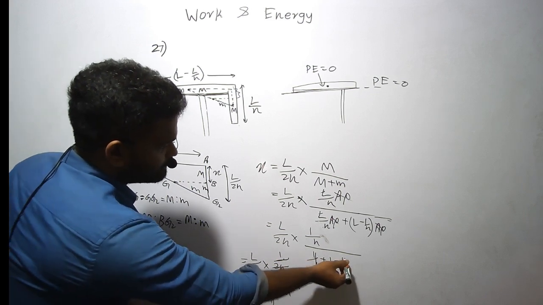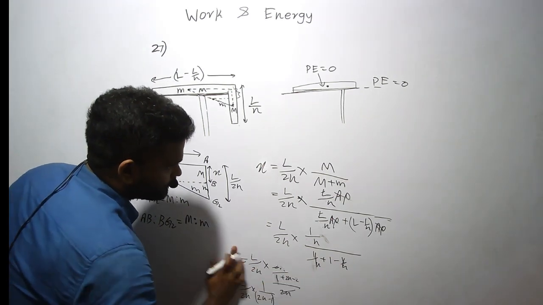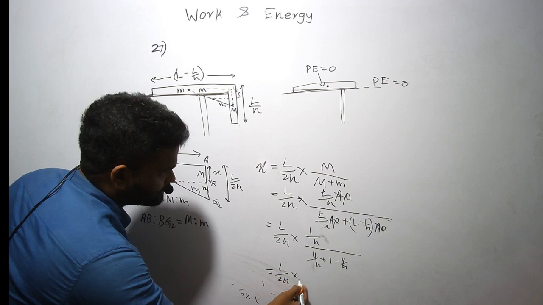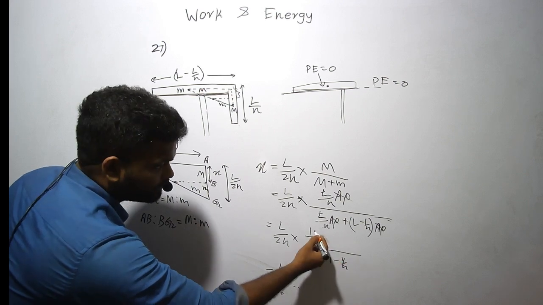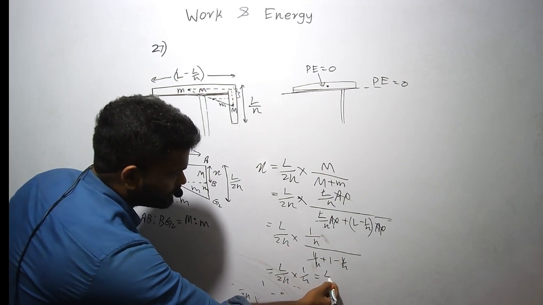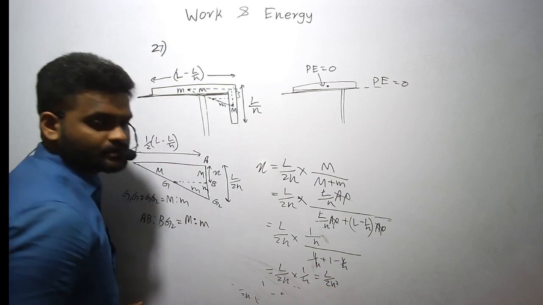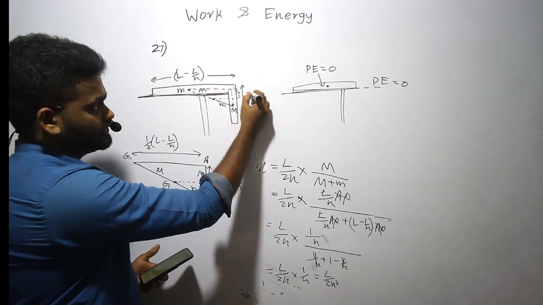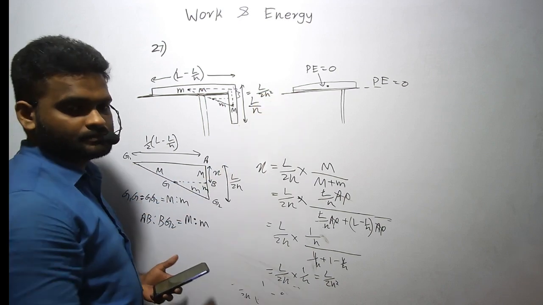Then 1 over n minus 1 over n cancels off. What do you get? L over 2n times, everything cancels off, 1 over n. So what do you get? L over 2n squared. So this is the value of x, right? L over 2n squared.